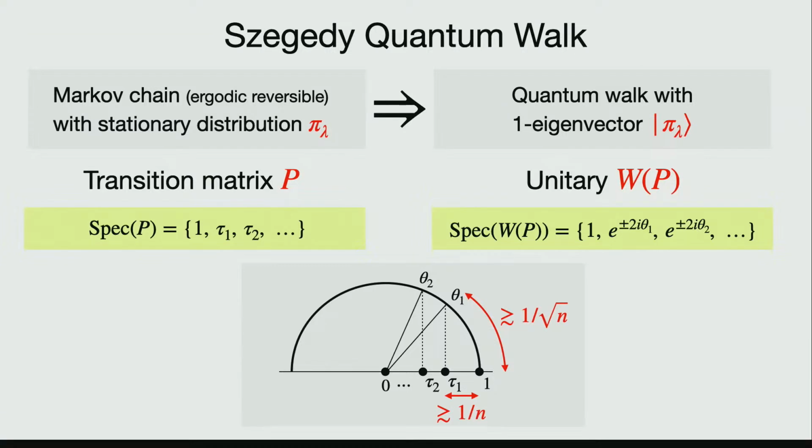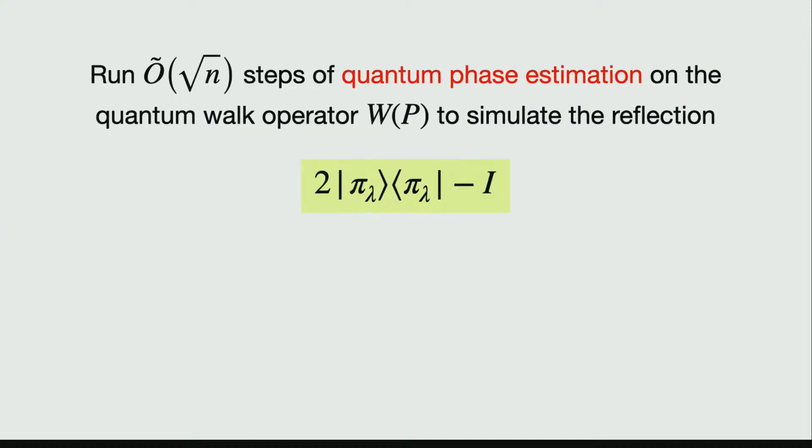And essentially, if you have a spectral gap which is 1 over n for the classical random walk, you will get an eigenphase gap which is 1 over square root n for the quantum unitary. Okay, and then you can just run quantum phase estimation on this quantum walk operator, and it gives you a way for simulating these reflections through the quantum Gibbs state.